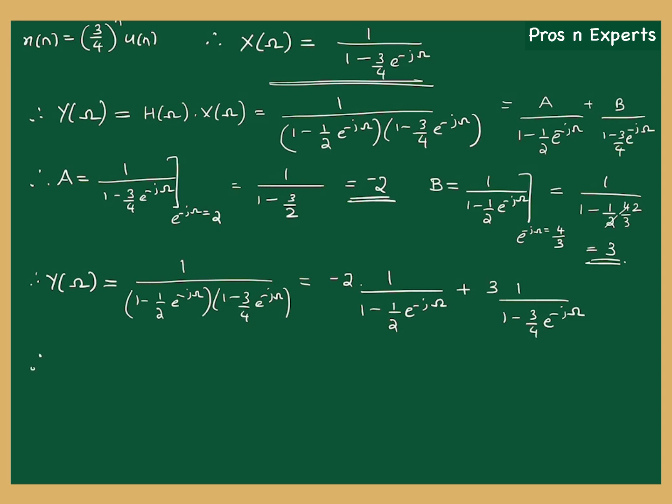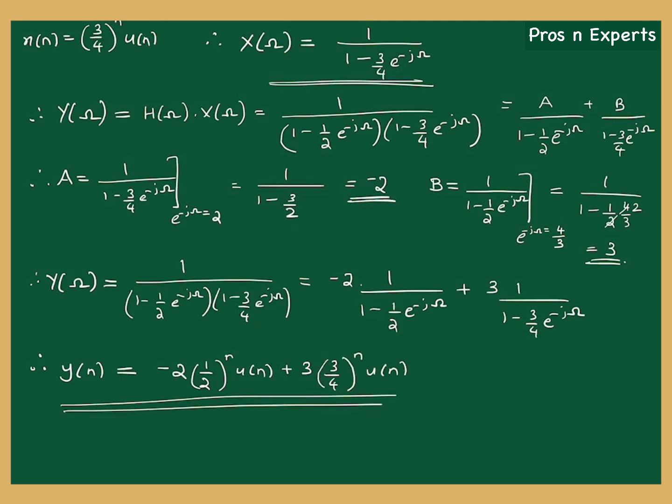Okay, now it is very simple to find out y of n. Just take the inverse transform. Both terms are of the standard form, so we can readily find the inverse transform as minus 2 into half raised to n u of n plus 3 into 3 by 4 to the power n u of n. So this is the response of the system.